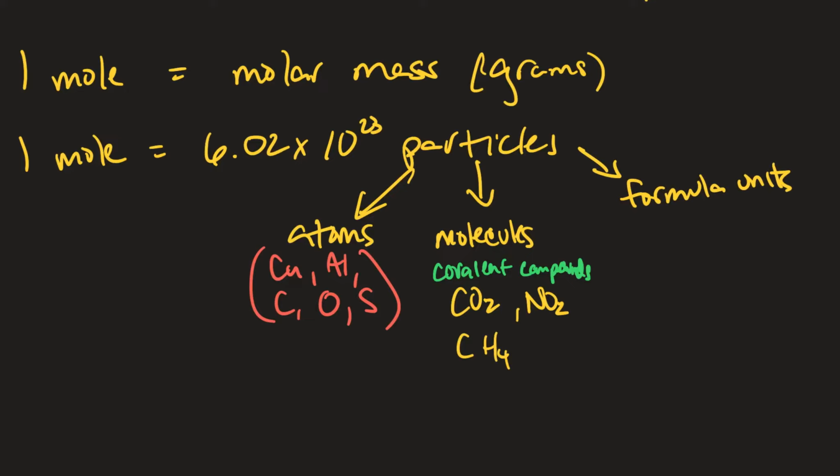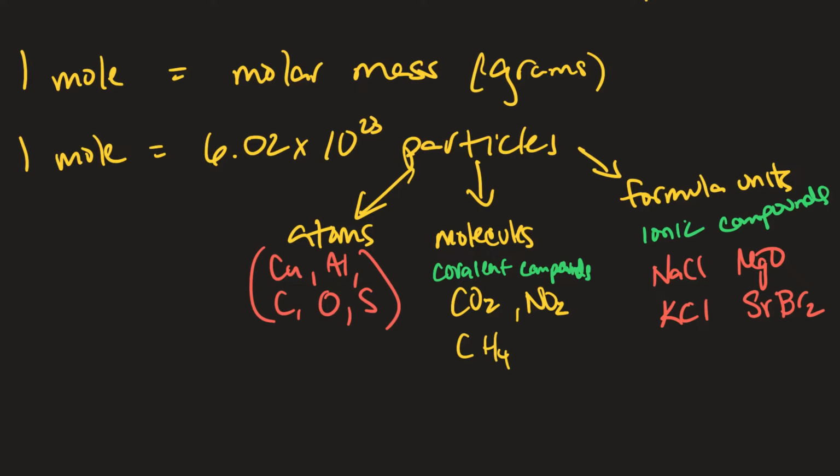Formula units are basically ionic compounds, and examples of ionic compounds are your metals and nonmetals, like NaCl, MgO, let's say KCl, SrBr2. These are all ionic compounds, so they're considered to be formula units, but all fall under this umbrella of particle. So don't get that confused. If you see atoms, molecules, formula units, we're looking at particles.